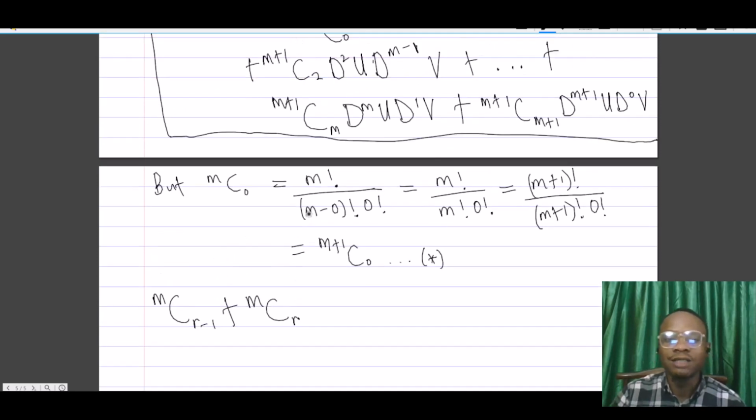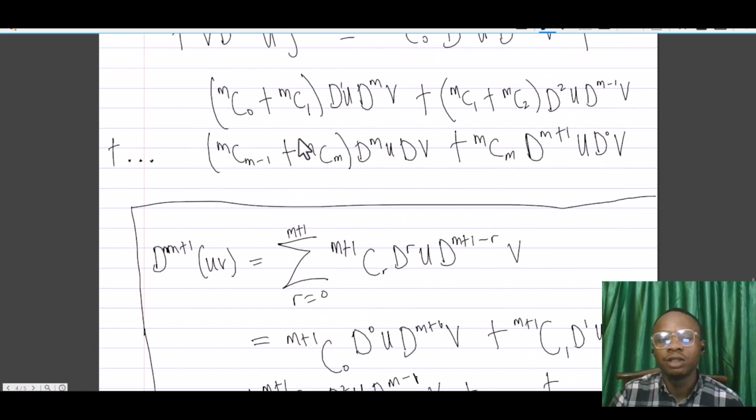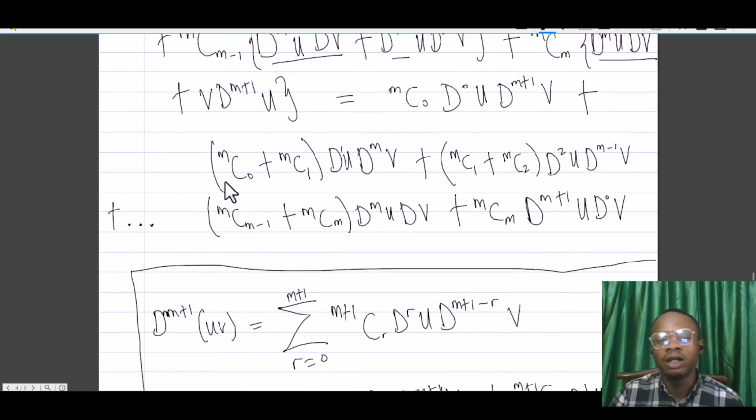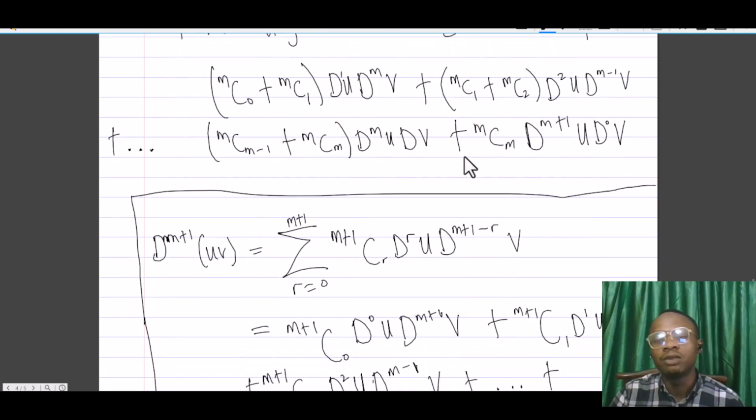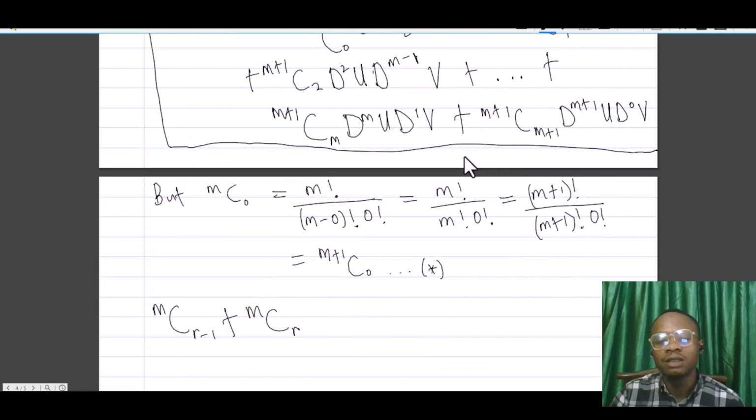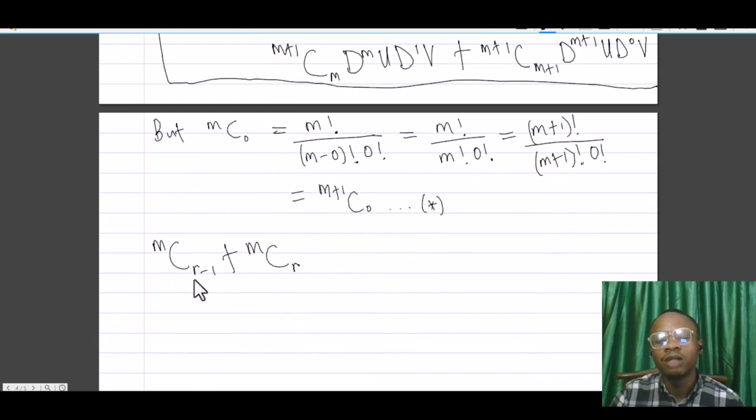I mean, that's the general expression for the pattern of the coefficients we have here. m combination 0 plus m combination 1. So if our r is 1, for instance, this will be 1 minus 1. If our r is 2, this will be m combination 2, and this one will be m combination r minus 1. So that is basically what we have there for that pattern.